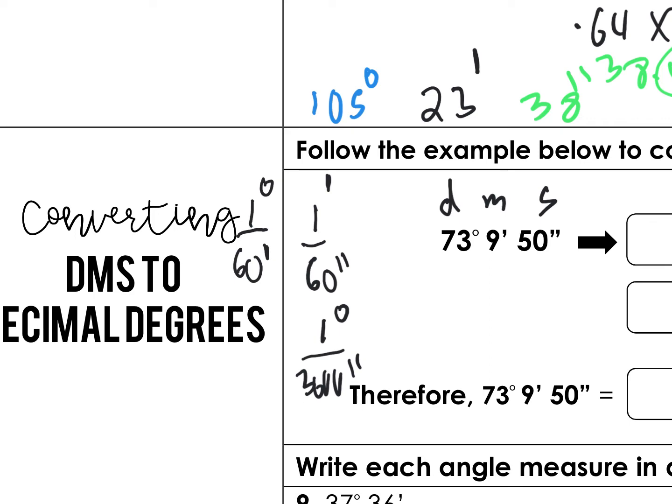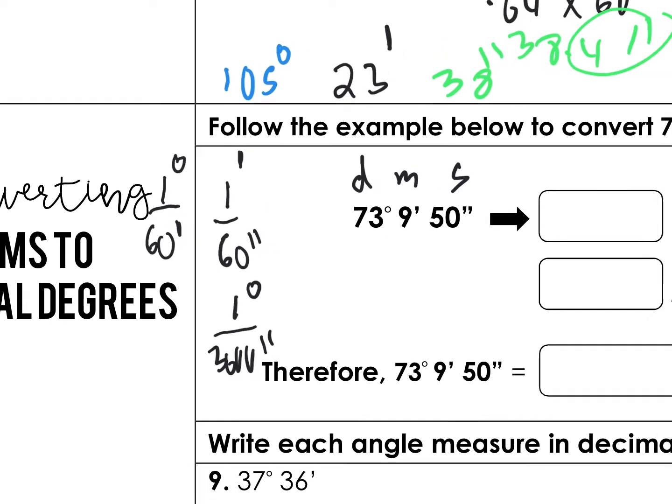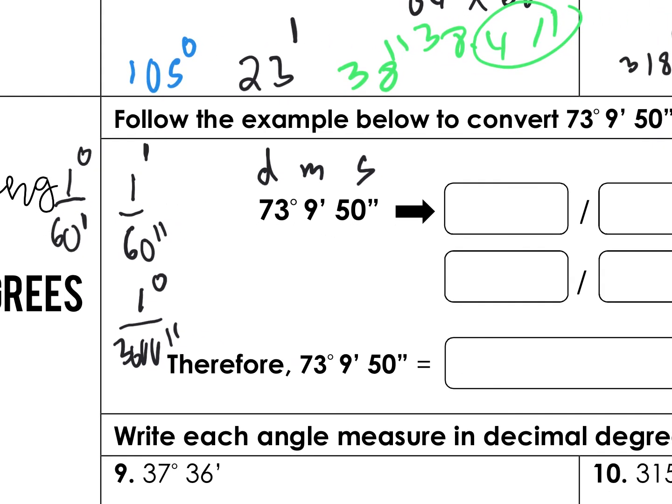So it's all related to dividing by 60, but in this first problem, I'll start out with the whole number part, 73 something.